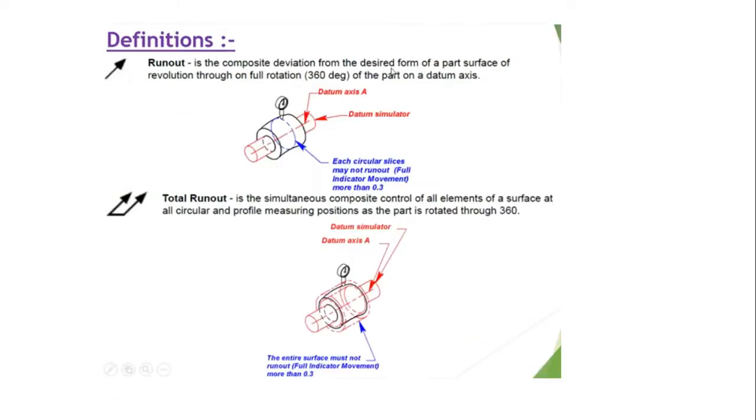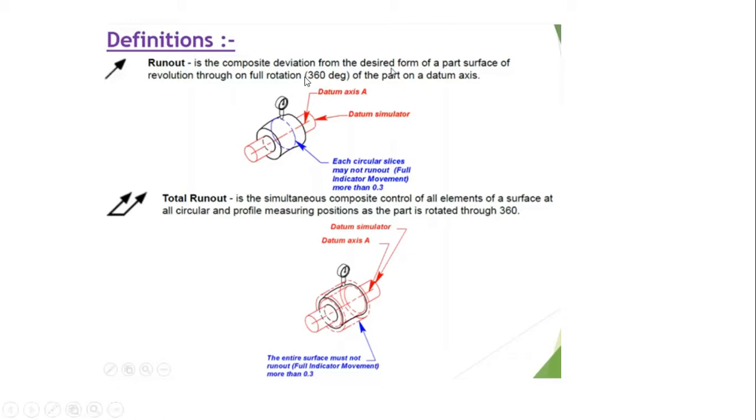And simple, these definitions are not required, but if you know the concept, that is well and good. Runouts: there are two types of runouts, total runout and simple runout.